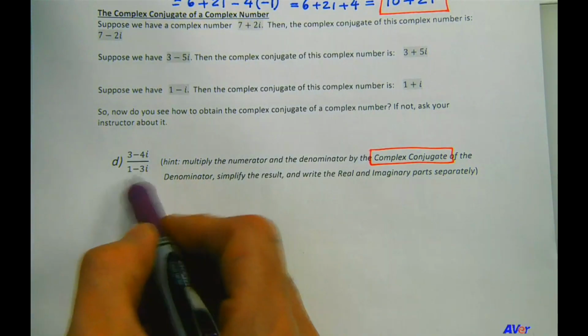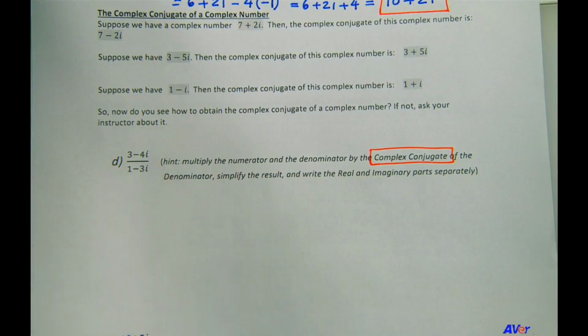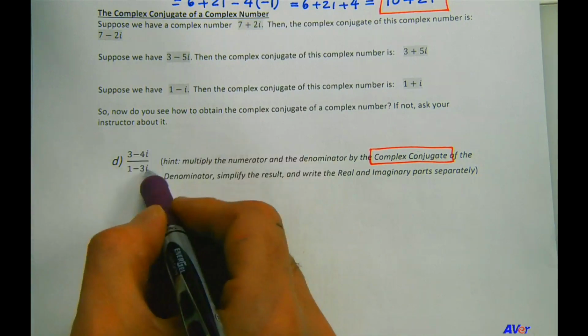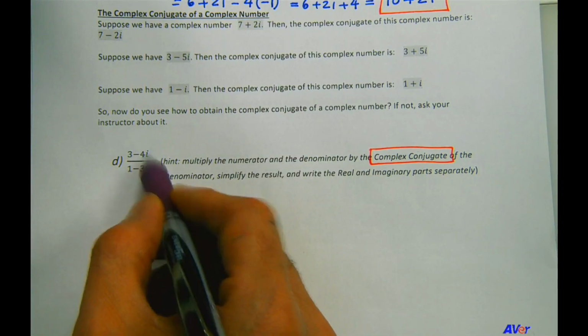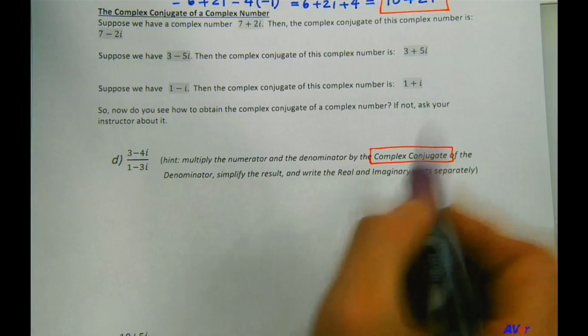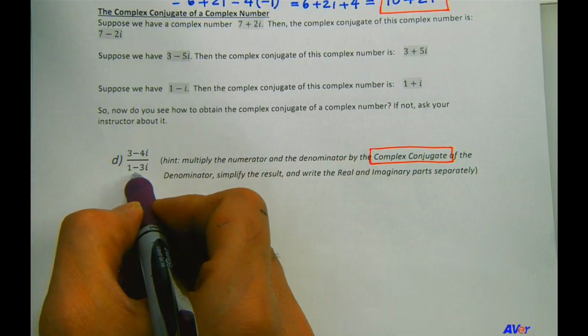In order to rationalize the denominator of a complex number, right? Right now we have a complex number in the denominator. We cannot have that. We want to simplify this. How? We're going to multiply the denominator and the numerator, just like what we did with the radical expressions, by the complex conjugate of the denominator.